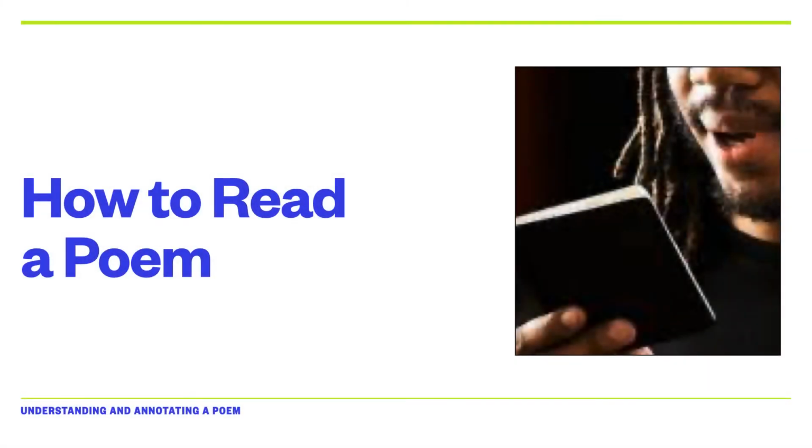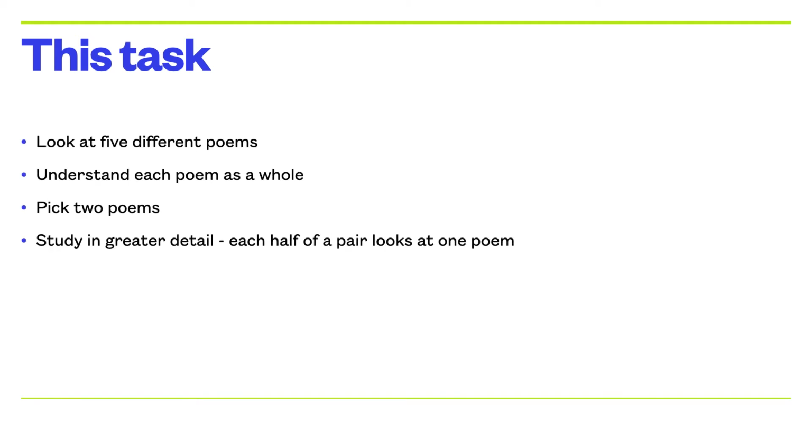We're going to go through a process called How to Read a Poem. And this is the same process you'll apply to poetry in S4, S5, even S6 if you're doing English in S6. For this task though, the first thing I want you to do is make sure you've got your 5 different poems. So your teacher should have hopefully distributed those poems into your OneNote.